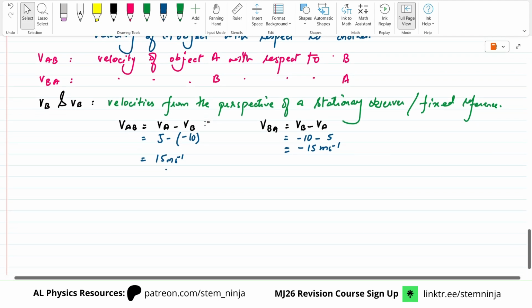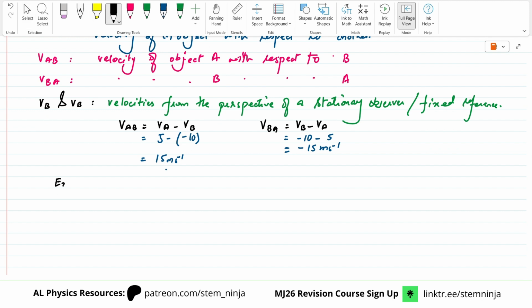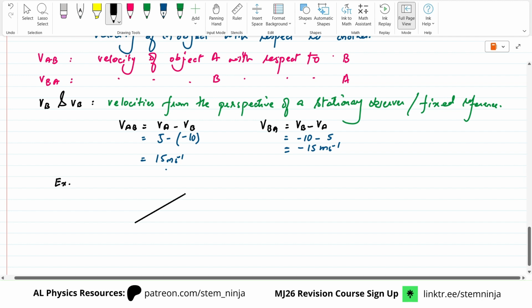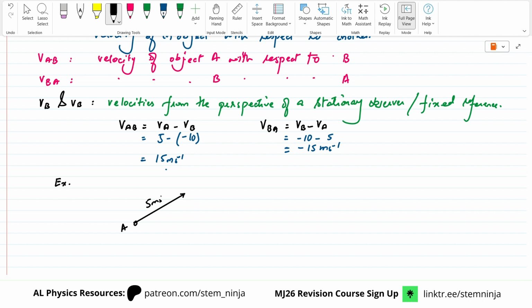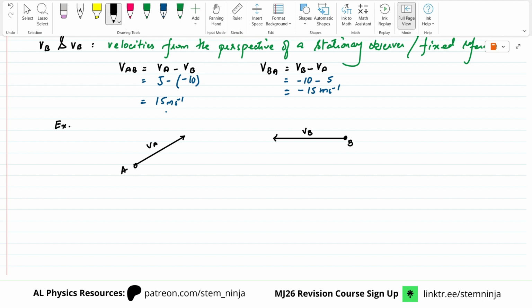Now, what if we include some angles in this? So, for example, let's say we have A going this way, same 5 meters per second. I don't think we need the distance, the directions, or even the values. Let's call it VA. And let's say you have VB going straight again this way. Now, can you try to find out the relative velocity between the two?